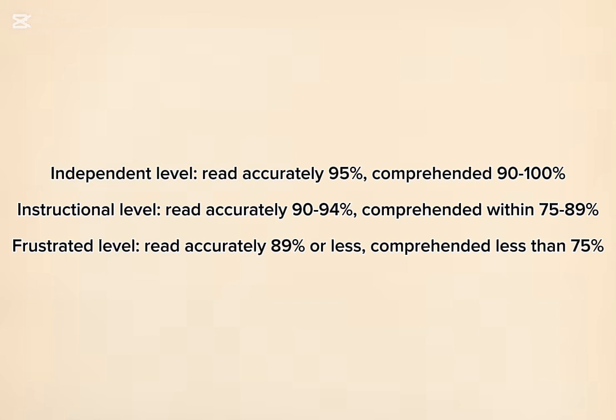Text that is read accurately 95% of the time and is comprehended 90 to 100%. Instructional level. Text that is read accurately 90 to 94% of the time and is comprehended within 75 to 89%. Frustrated level. Text that is read accurately 89% or less of the time and is comprehended less than 75%.